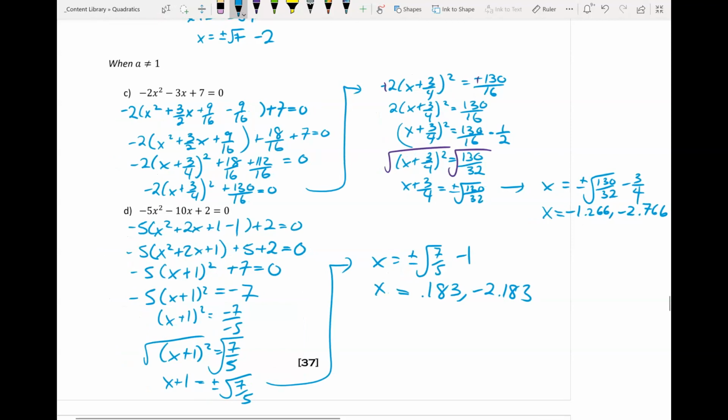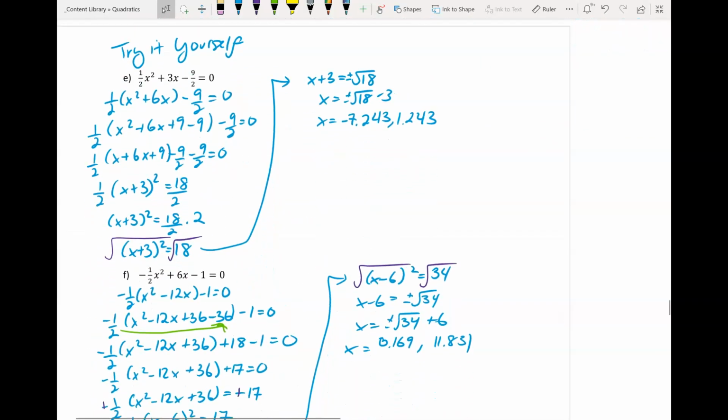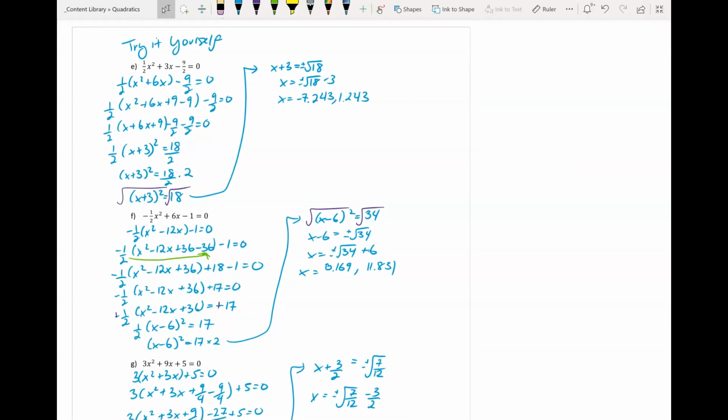On the next page, there are quite a few questions that you can try on your own. Please do those 3 questions, and then when you're ready, press play to see the solution. Here's the solution to the try it yourself. So the steps are exactly the same as the 2 previous questions I've done with you, C and D. You want to factor out any coefficients in the front of your quadratic first, and it only applies to the first 2 terms.